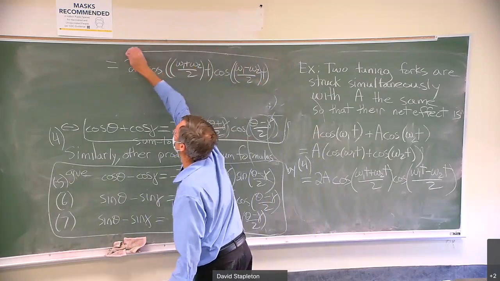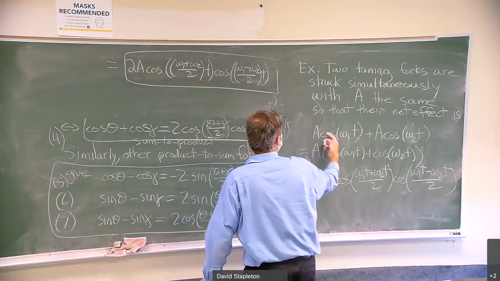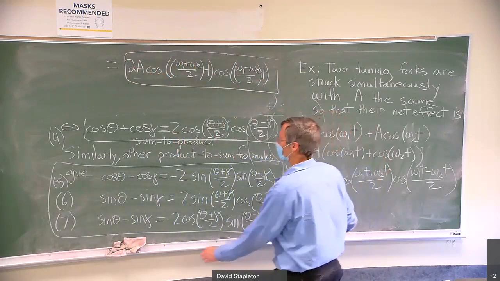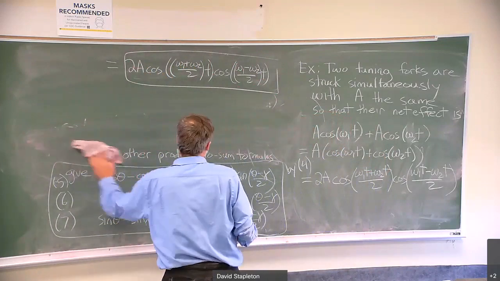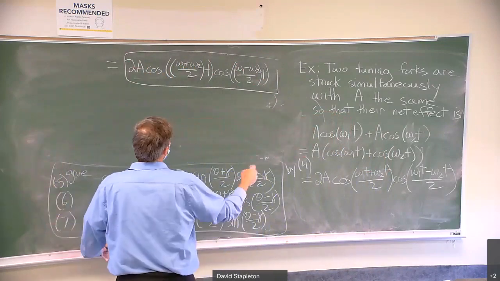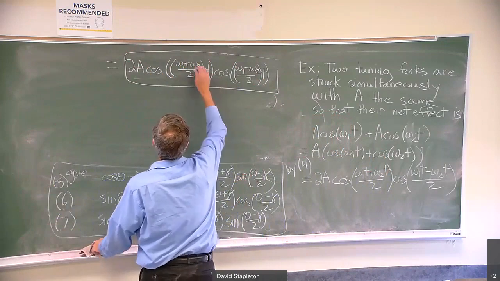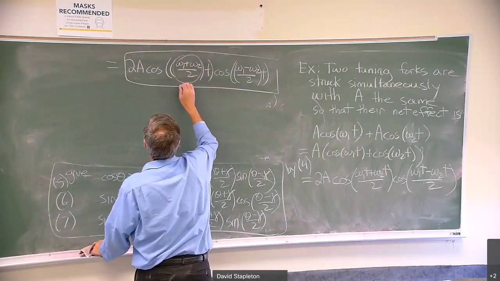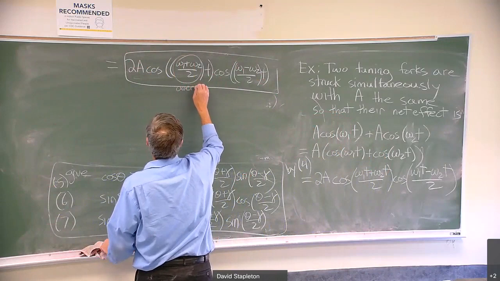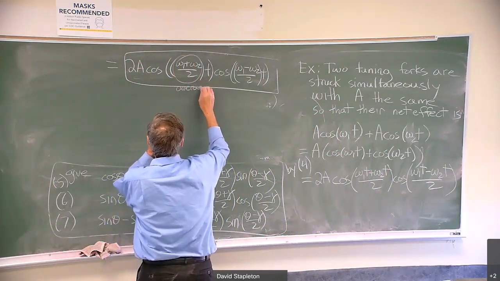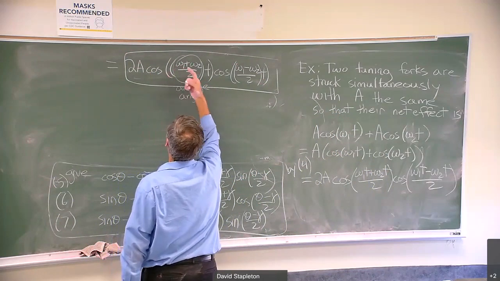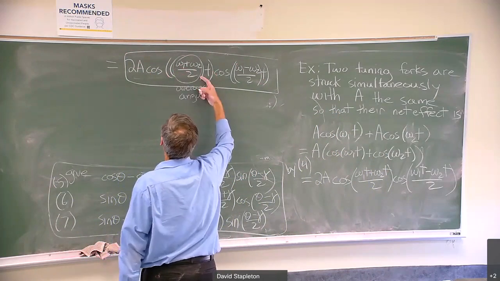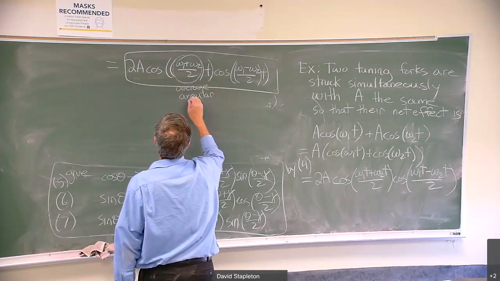This is significant because what does it say the sum of these two cosine waves does when I add them? And they're pure notes, they're pure cosines, right? What I get is this. I have a product of cosines where this we call the average angular frequency because it's their average, right? Because it's a cosine of a number times t, the number that multiplies t is the angular frequency.